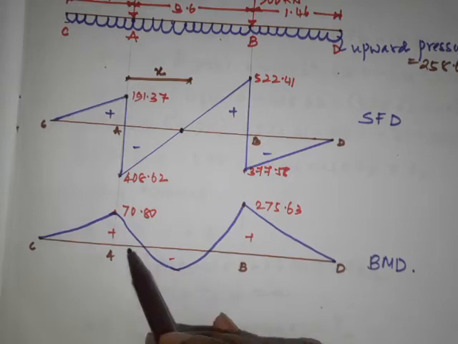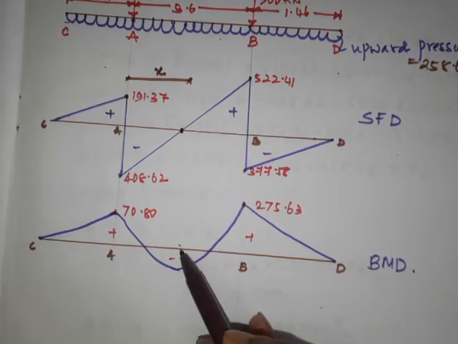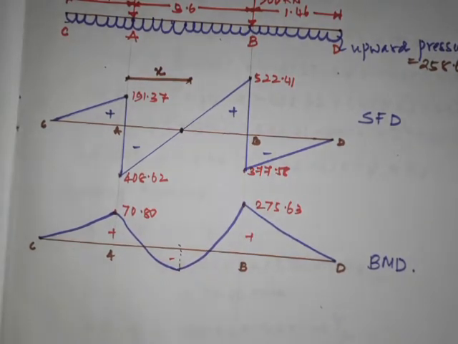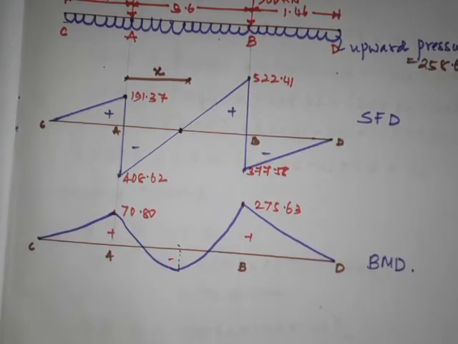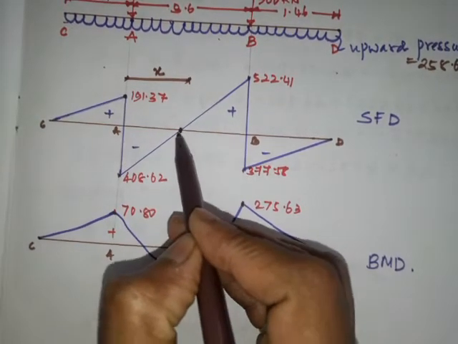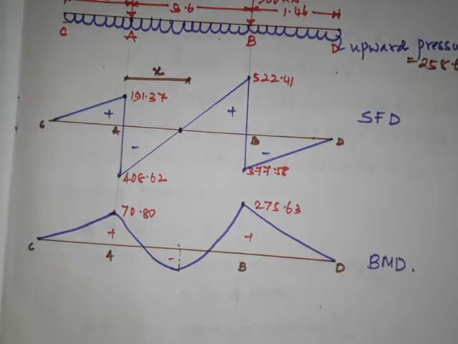This is the mid span between A and B, so at this location you have to find the magnitude of the bending moment. I will consider a symmetrical triangle; by considering these two triangles, we will find the distance x.